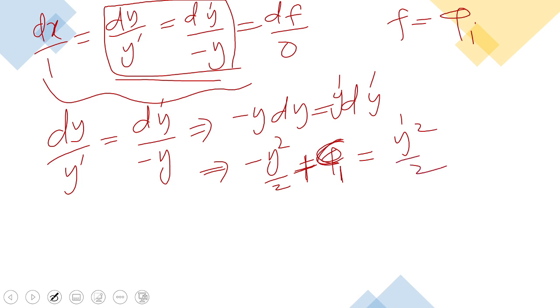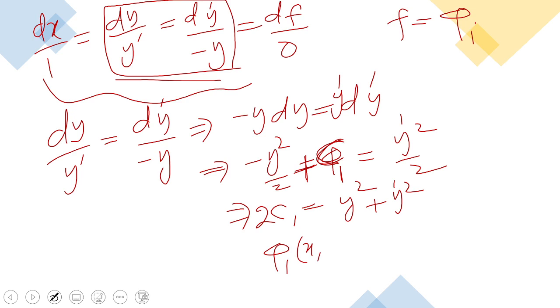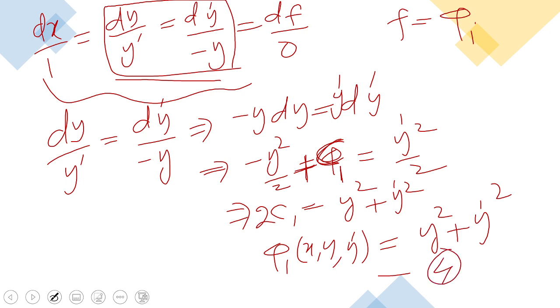So what does this give me? This gives me c1 with 2 times is equal to y square plus y dash square, and that is phi 1. This is the first integral, and it is generally a function of x, y, y dash. In this case it is y square plus y dash square. So this is one first integral.